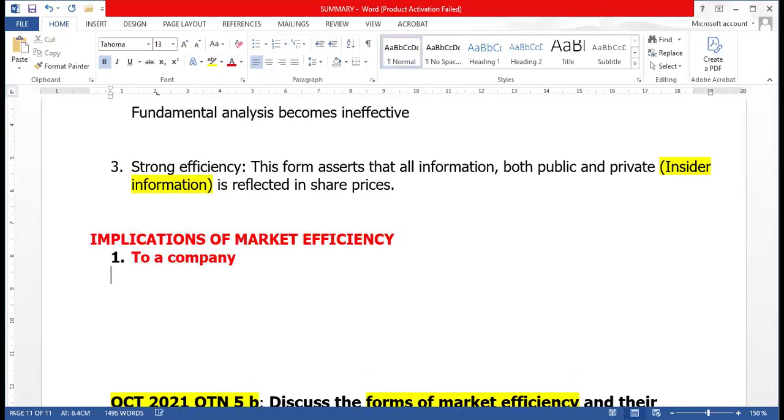Because the price you're quoting reflects the information, what does this mean? Since the investors are aware about the entity, about everything, they are aware about your performance, how the prices have been. So as a company, what should you do?